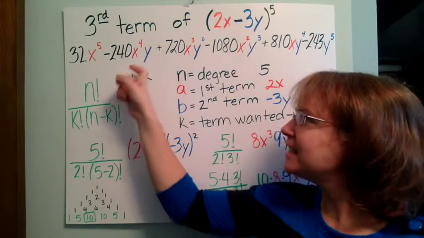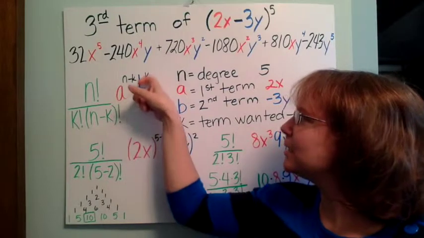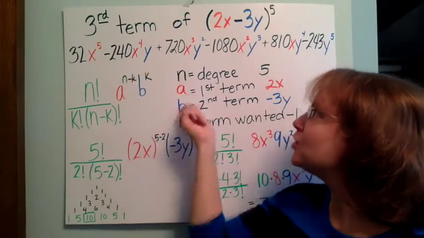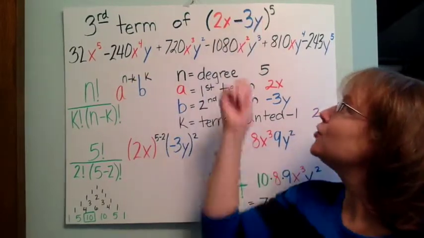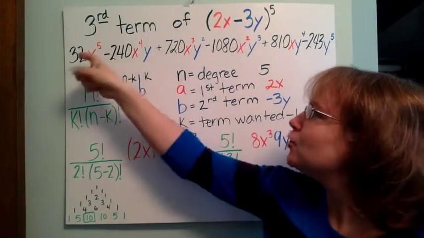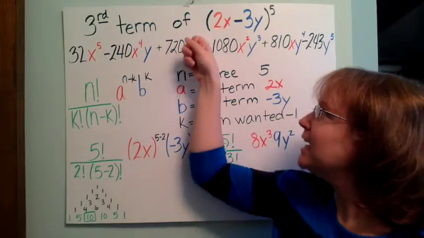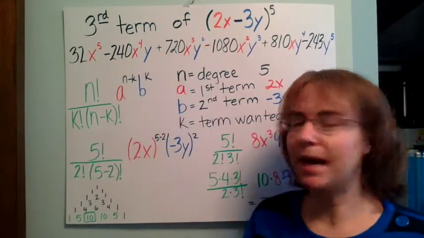Now, where does this mysterious k come from? My second term is going to be to the k power. So I'm looking at that negative 3y, really at my y variable. If I look over here at my second term, in this case it's to the second power.